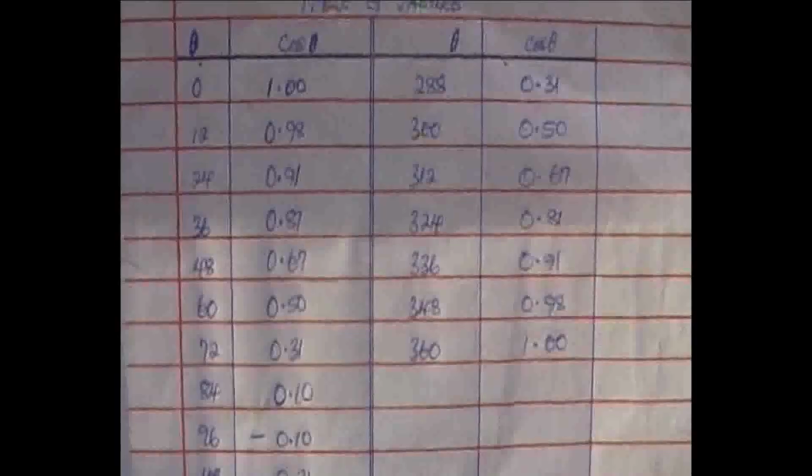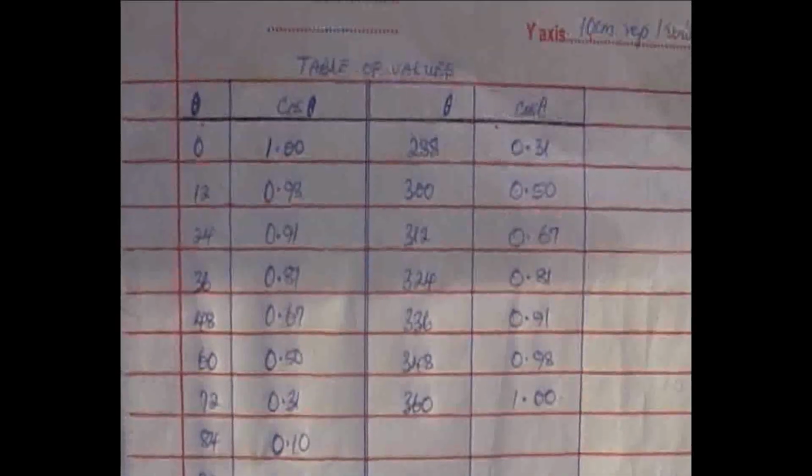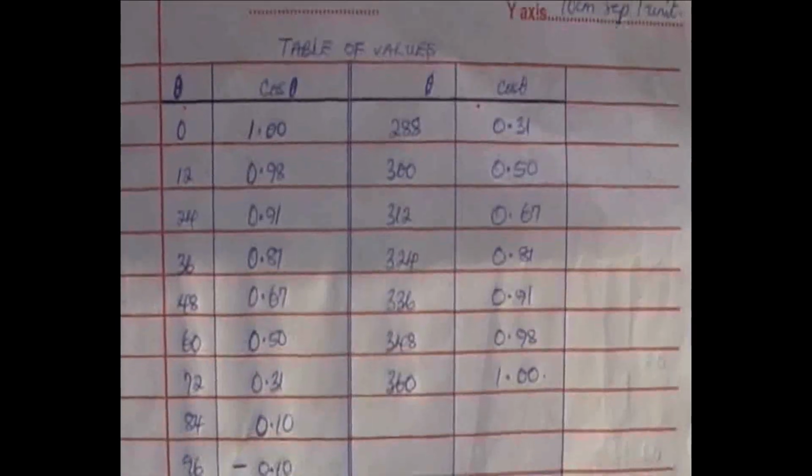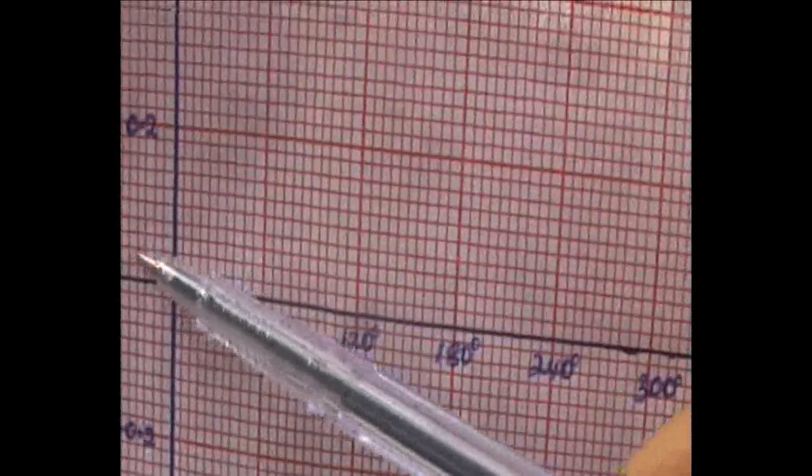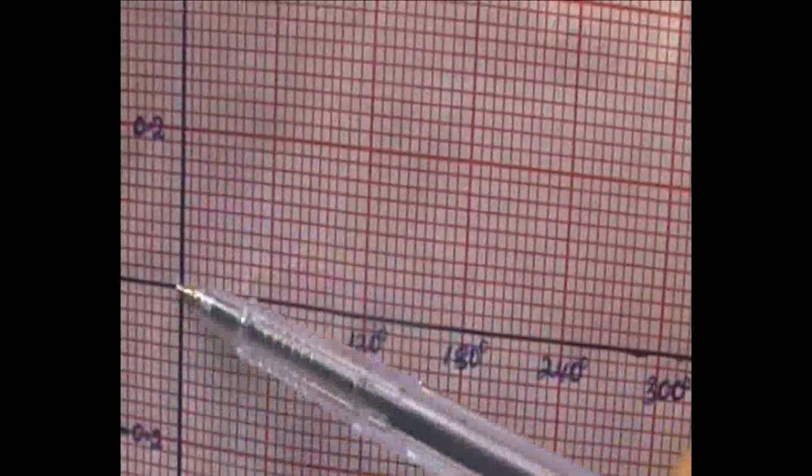So the next thing we do now is to begin to plot the values we have from our table of values. The first one is at 0, and cosine 0 is 1. This is where theta is 0, at this point of intersection of the horizontal and vertical axis.